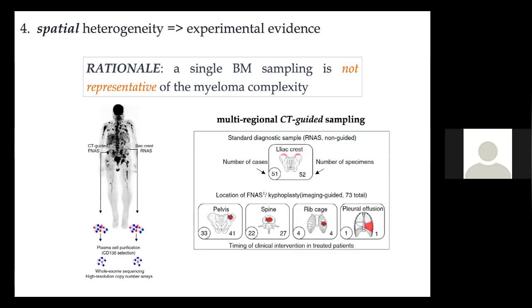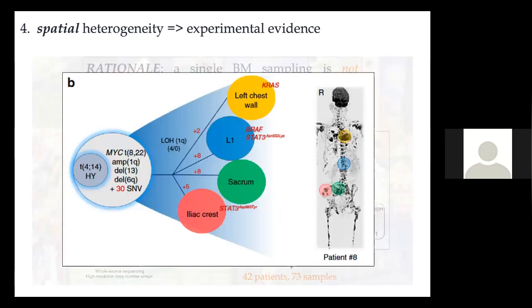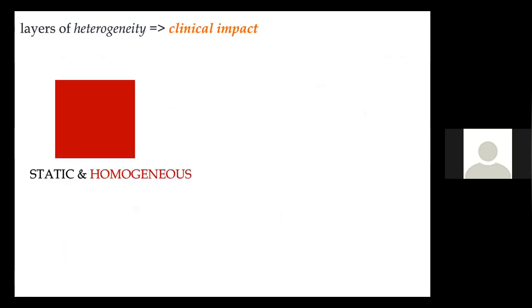In this study, multi-regional CT-guided sampling was performed in a cohort of patients aimed at comparing the genomic profile of the different lesions present in a single patient. Patients were analyzed by whole exome sequencing, showing that the genomic profile of the different lesions is actually different, as shown here.